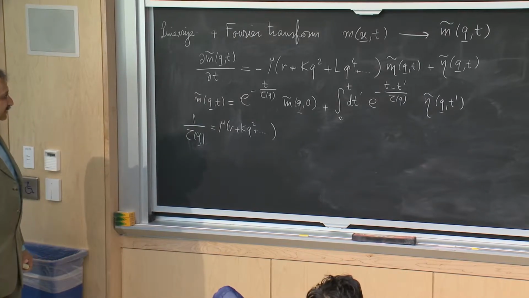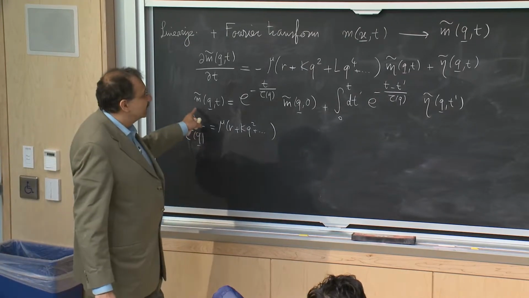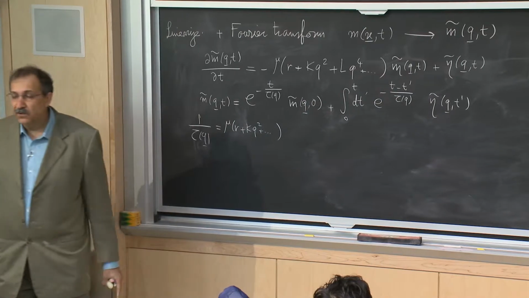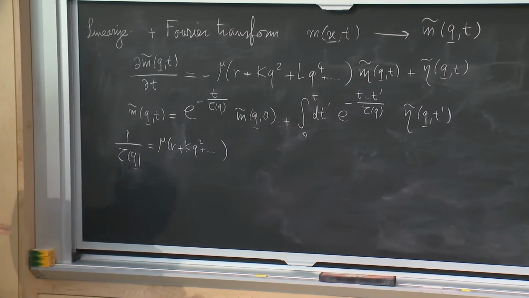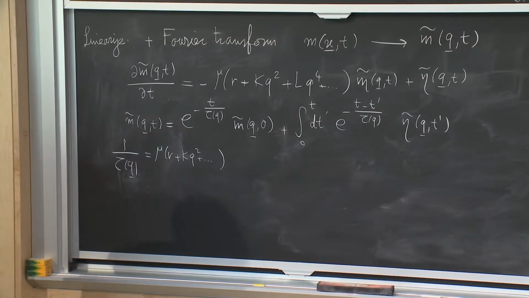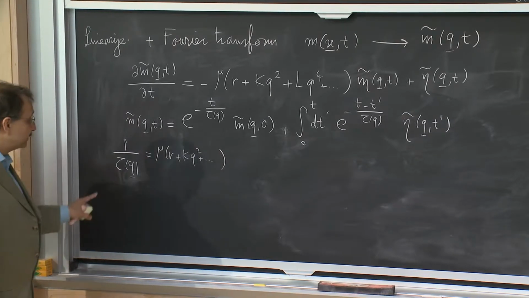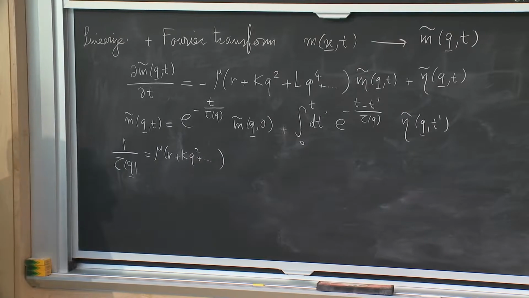So one of the things that we now see is that the different Fourier components of the field, each one of them is independently relaxing to something, and each one of them has a characteristic relaxation time.